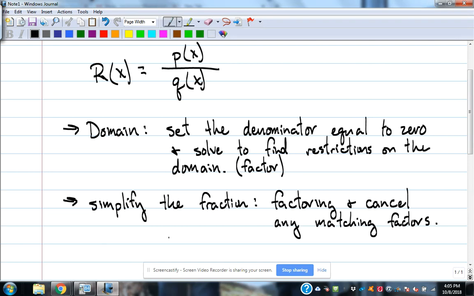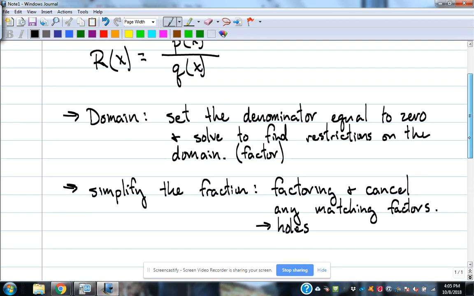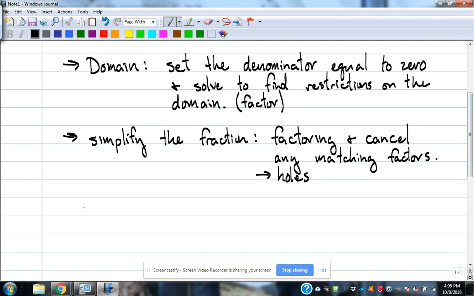What that does is it creates holes, and our particular textbook doesn't really talk about those until Section 5, but I'll go ahead and mention them here so that we are thinking about them as we go along. It creates holes in the graph where one of those factors was canceled out, and we have to address that as we move through these things.